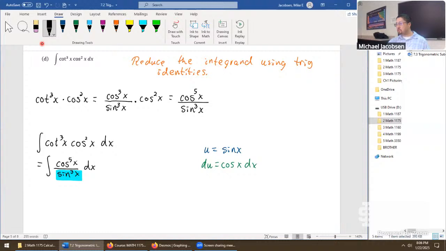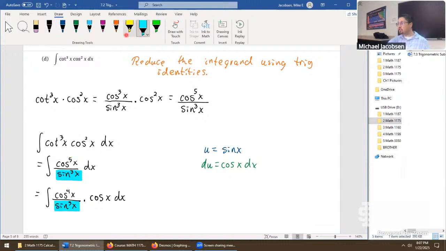So we're back to the strategy of starting to separate things out because we give up one factor of cosine to the differential, leaving cosine power 4. So we've got cosine to the 4th power of x, divided by sine cubed of x, times cosine x, dx.